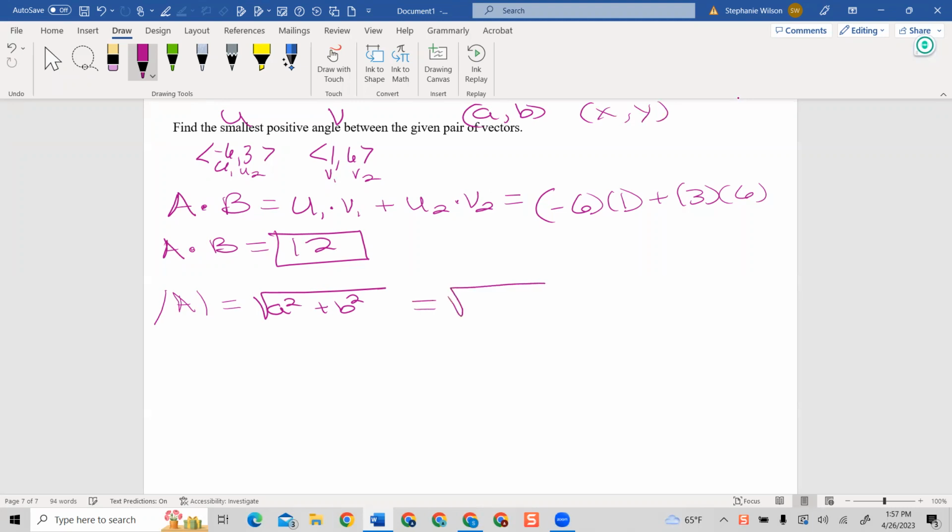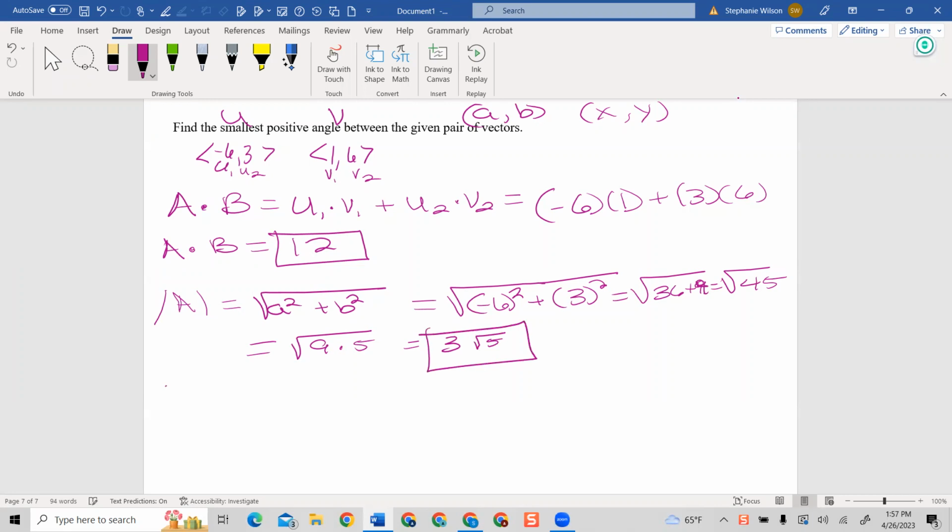A is the first coordinate in that ordered pair, and B is going to be the second. So now I got 36 plus 9, or 45, which is the square root of 45. I wanted to show this extra step. 45 is 9 times 5, so my answer is 3 square root of 5. Okay, that answered that question.